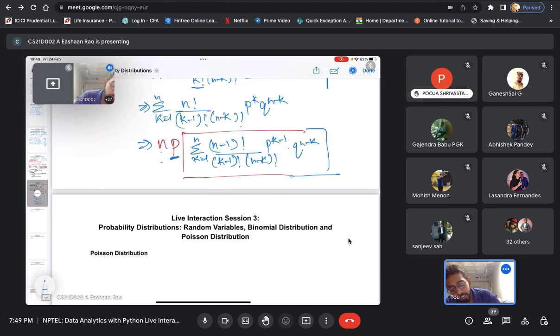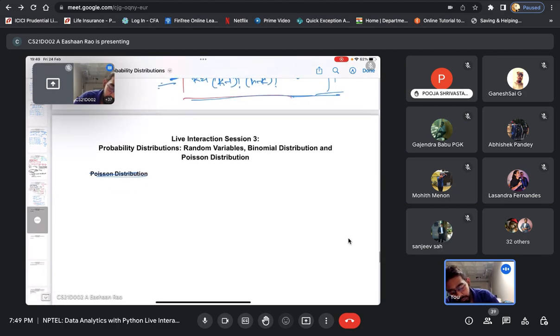Now I have to solve this red box in such a way that I make this value 1, so that I will get n times p. So to do that, let's go down. I will write down again what I have written above.